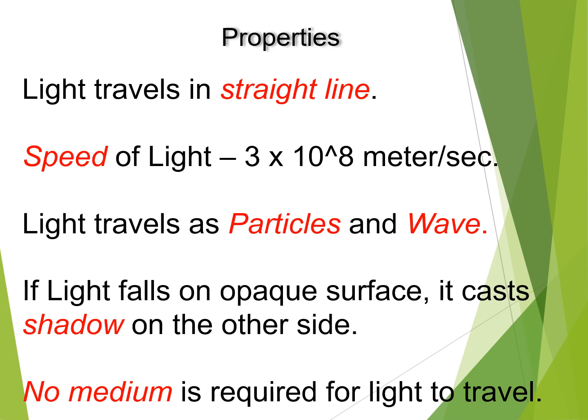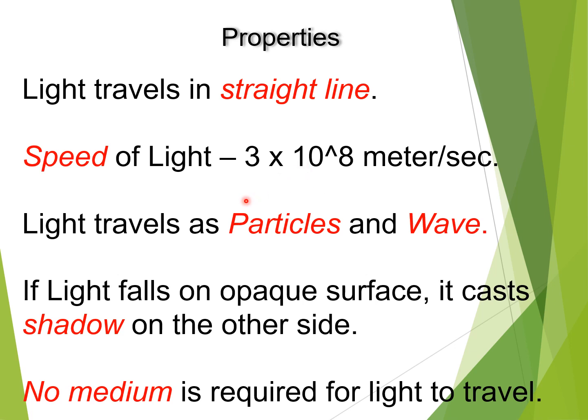So to begin, let's once again read the properties of light. The first property is that light travels in a straight line. Second, the speed of light is 3 into 10 to the power 8 meter per second, or we can say 3 lakh kilometer per second.